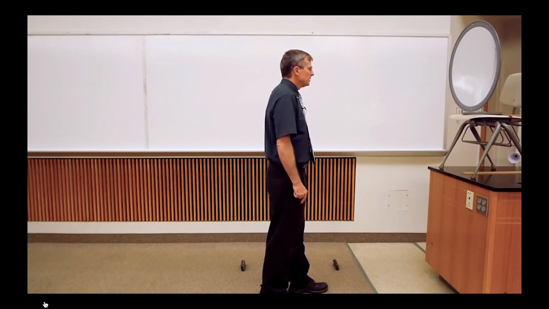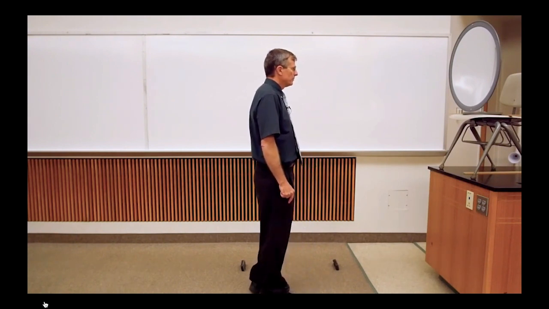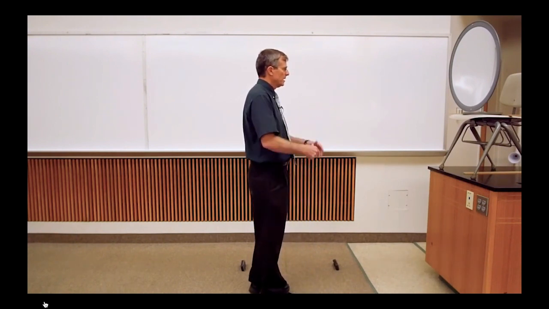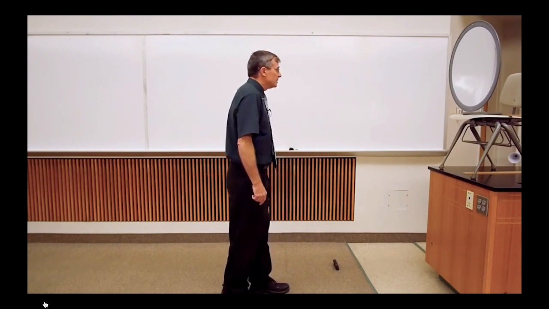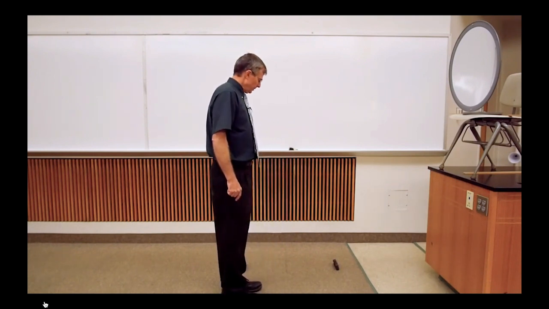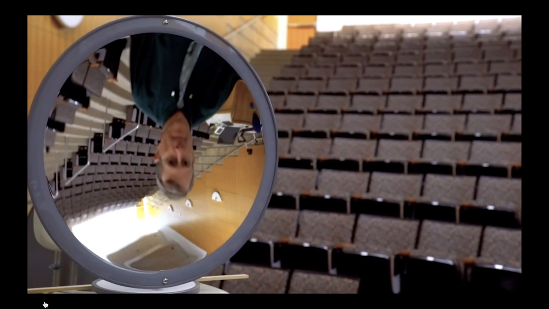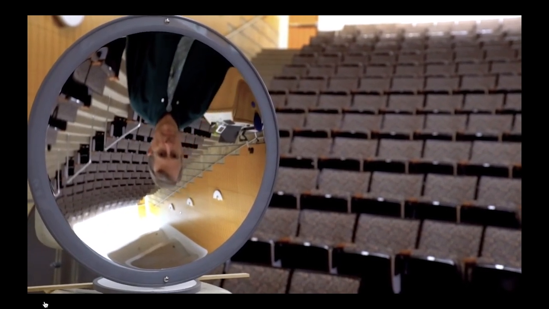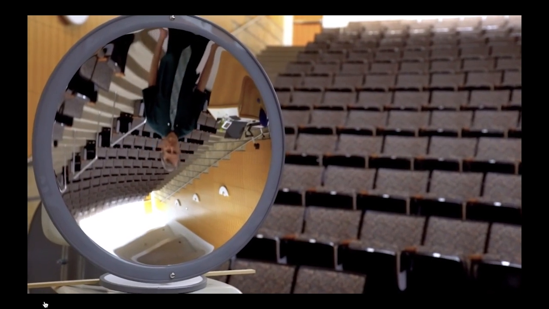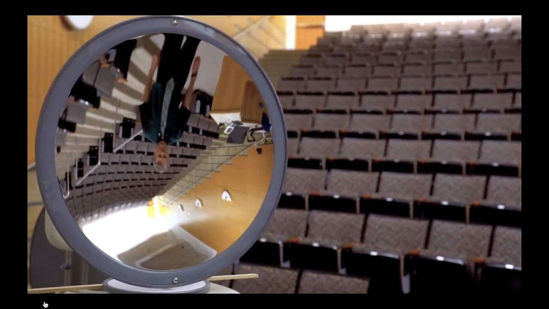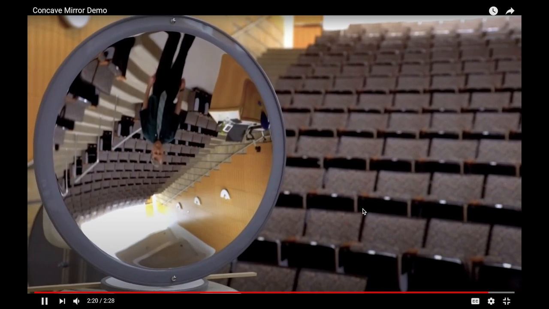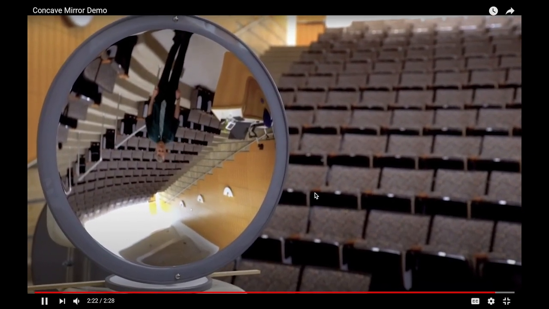And then as I move past the focal point toward the radius of curvature, the image is shrinking in size until at the radius of curvature, the image is now unmagnified. The magnification is 1. Beyond the radius of curvature, the magnification becomes less than 1.